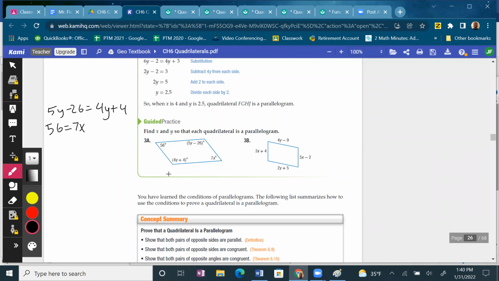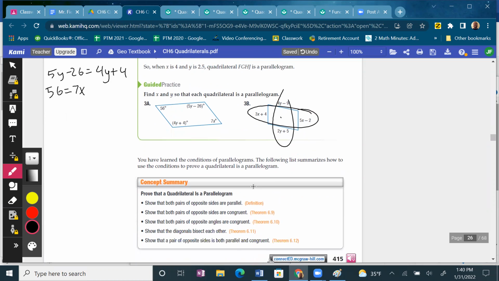So you can solve those, and that will be fine. Work out the same thing here in this one. Just set them equal, and then you'll know the value of x and y that makes them a parallelogram.